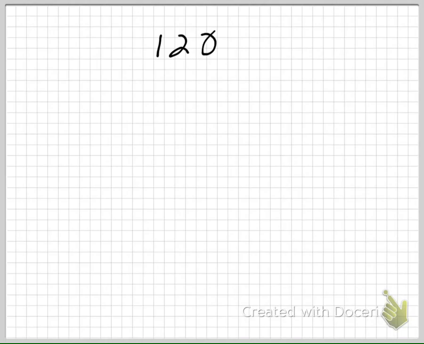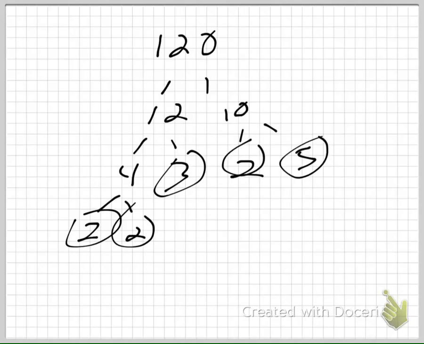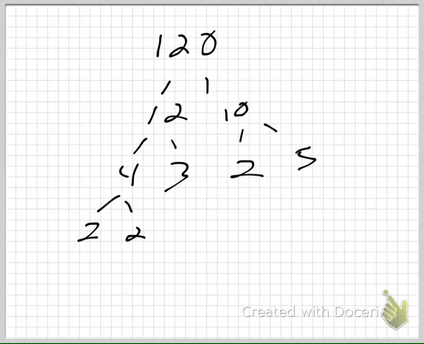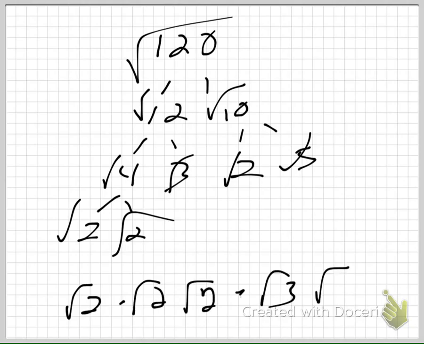And do the prime factorization of 120. 12 and 10. 4 and 3. 2 and 2. 2 and 5. 2, 2, 3, 2, 5. Right? Except we're not going to do that. Every one of these things had a square root symbol. So then it comes out to square root of 2 times the square root of 2 times the square root of 2 times the square root of 3 times the square root of 5.